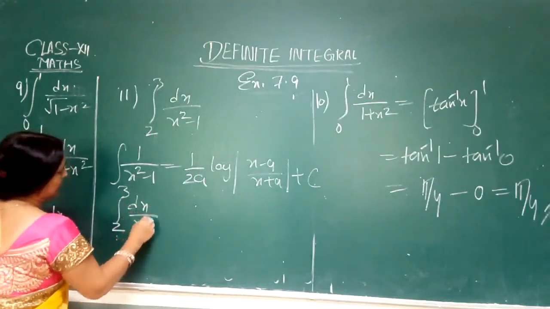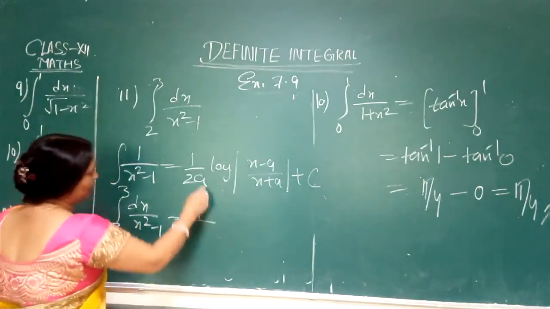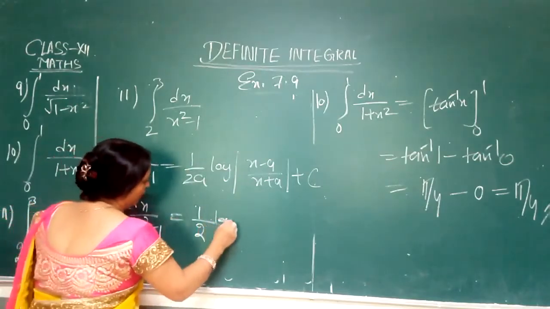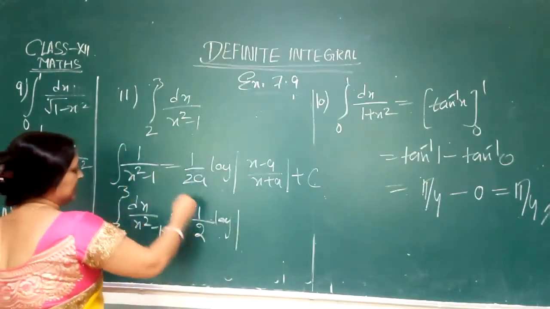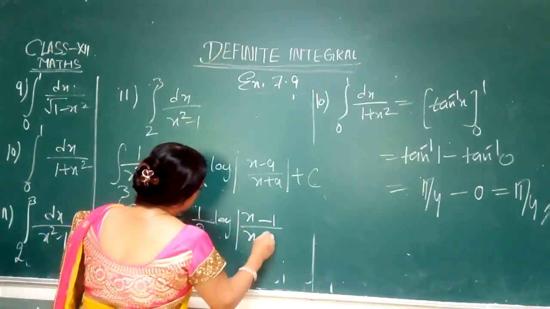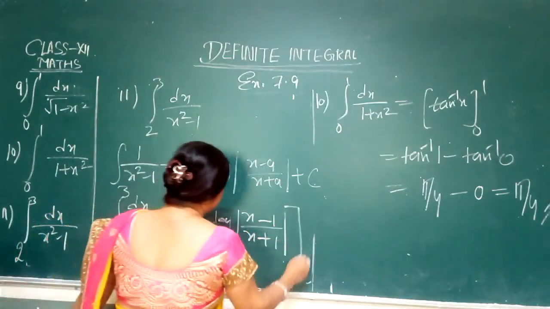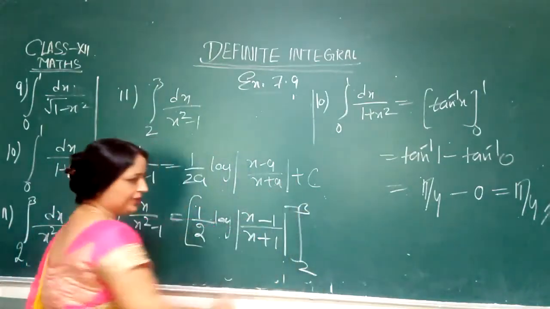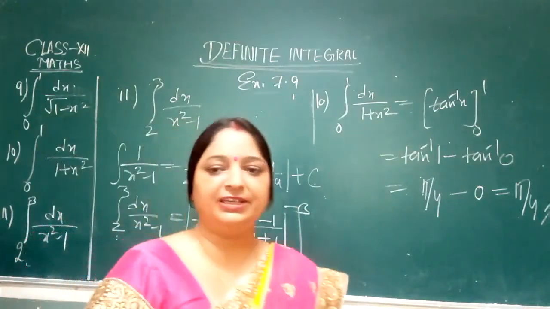So for x square minus 1, it will become 1 upon 2a. What is a here? That is 1, log of x minus 1 upon x plus 1, and the limits are 2 to 3. The c is in the indefinite integral.